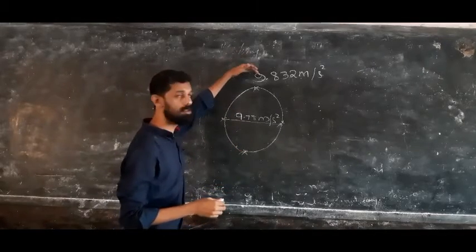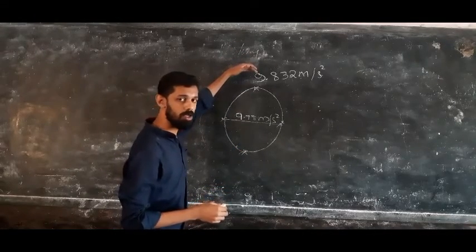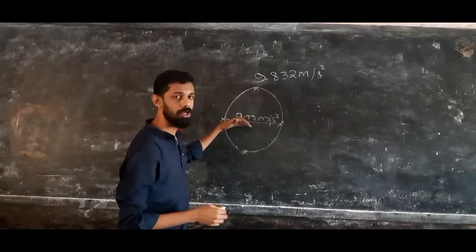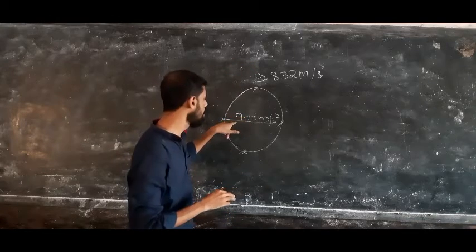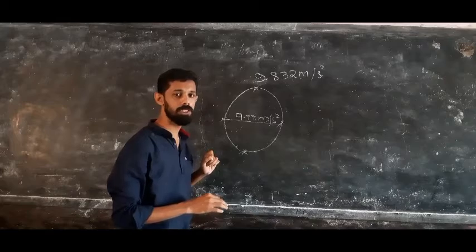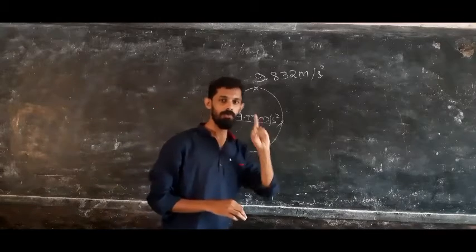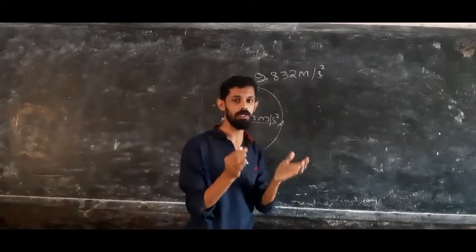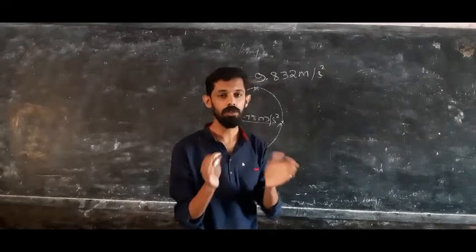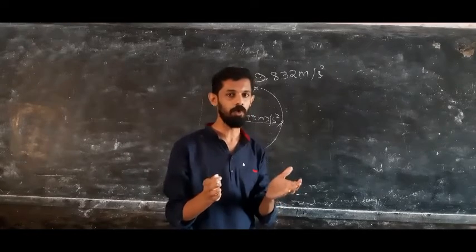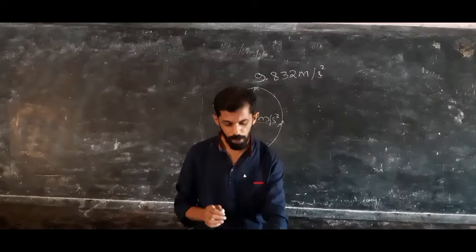So, at the poles, the value is 9.832 meter per second square. Near the equator, it will be minimum, and it is 9.78 meter per second square. This is the first factor, the shape of the Earth. What is the second factor?